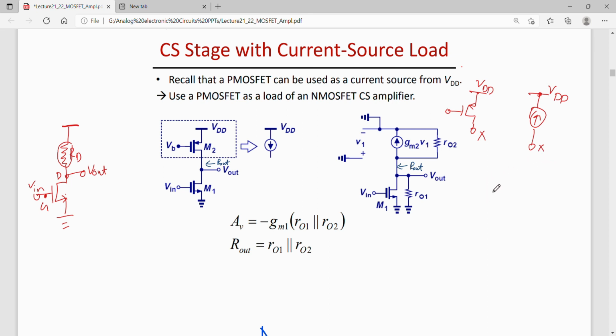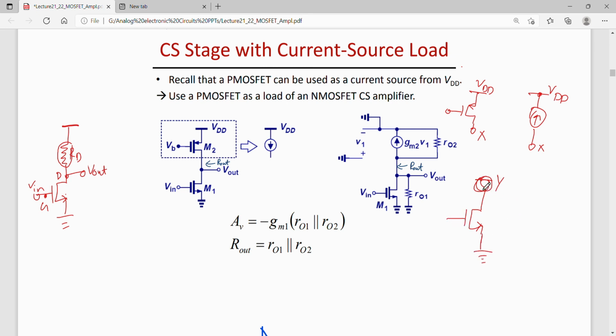Similarly, we had commented in the previous lecture that NMOS can be used to pick current from some node, let us say Y, and this current can be then sunk to ground.